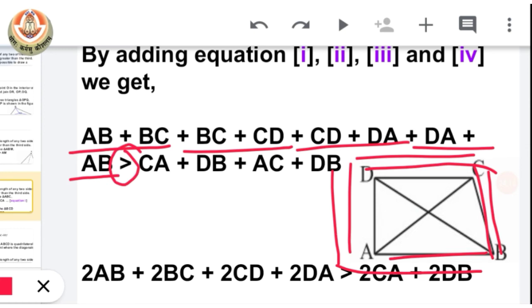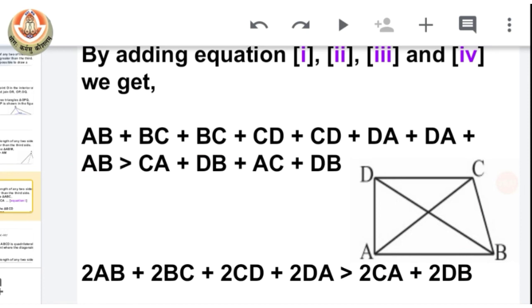Then we know that AC and DB, both diagonals, come twice. AC for the first triangle, see, AC for this triangle and also for this triangle, and DB for this triangle and also for this triangle. So we will take both the diagonals twice. Now when we add them we get all these sides and diagonals 2 times.